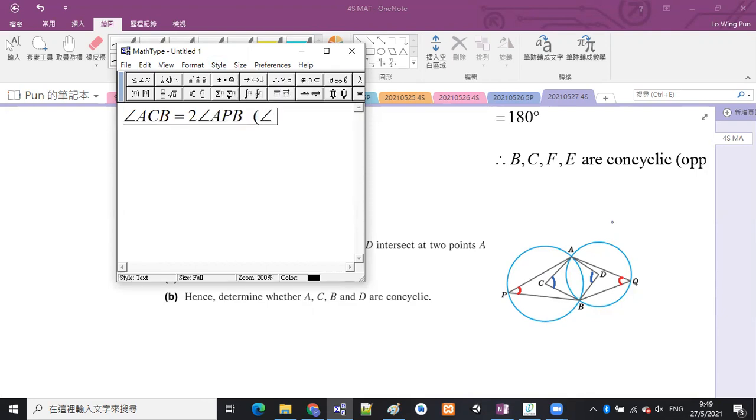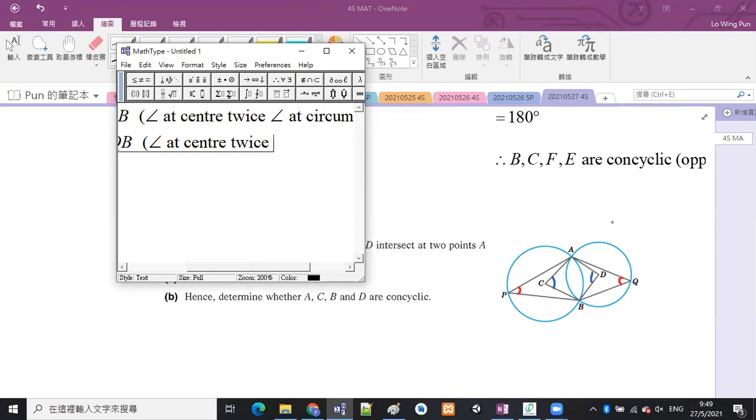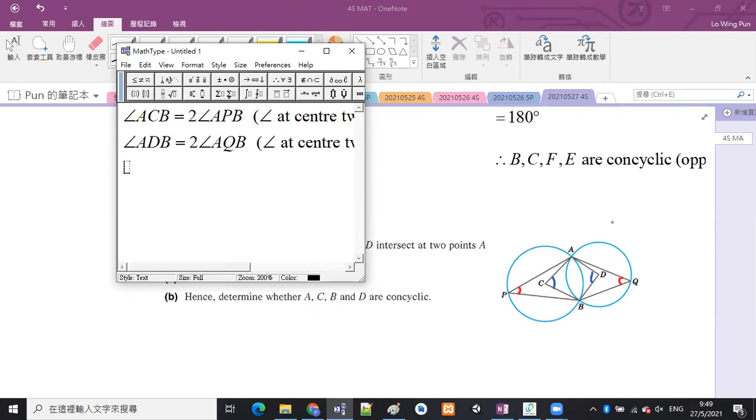This is angle at center twice angle at circumference. Okay? And for the same reason, angle ADB should be equal to 2 times angle AQB. Okay? It is also angle at center twice angle at circumference. Follow?